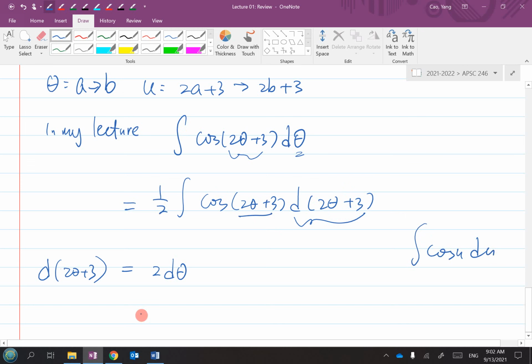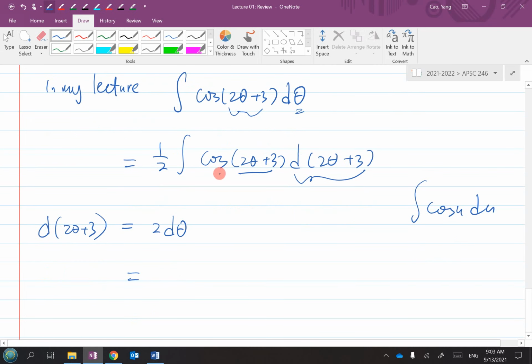So you can treat 2 theta plus 3 as one single entity, and then you integrate cosine u du, which is sine u. So you end up with just 1/2 sine(2 theta plus 3). That's probably what you will see in my lecture. Sometimes, for simple substitutions, I'll solve the problem using this approach.